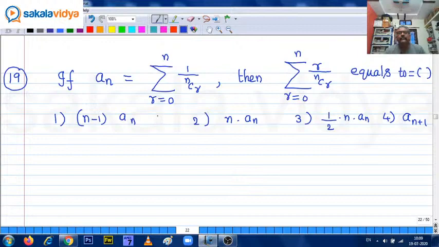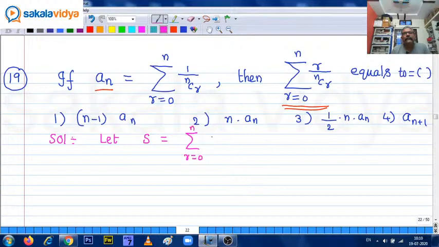Okay, let us see the solution. Option 3. How did you get option 3? An equals sigma r is equal to 0 to n, 1 upon nCr. Then we need to find sigma r is equal to 0 to n, r upon nCr. So let us say S equals sigma r is equal to 0 to n, r upon nCr.